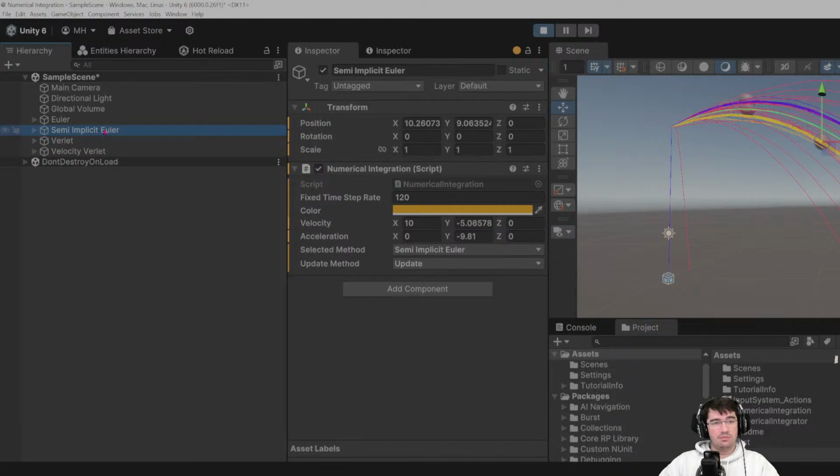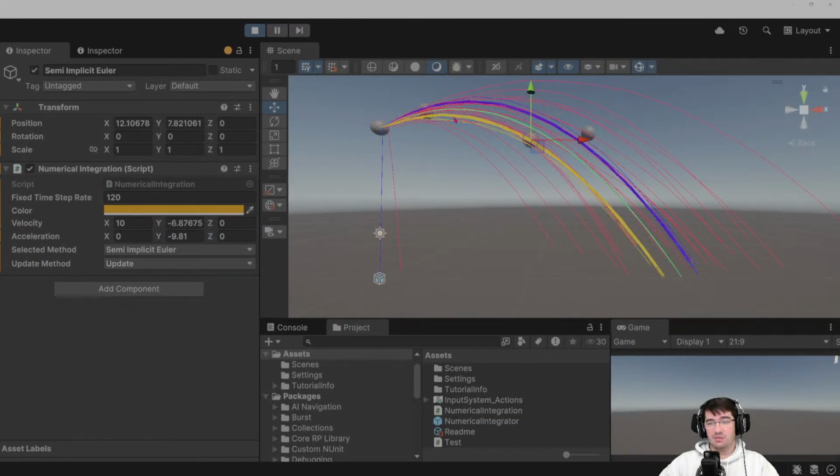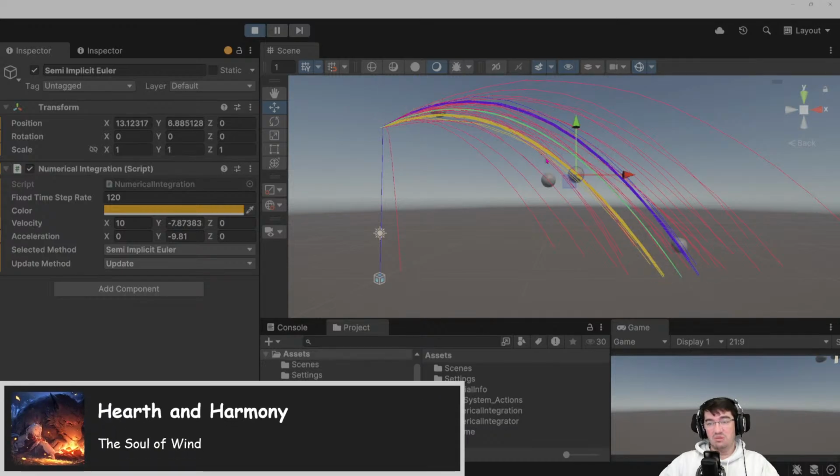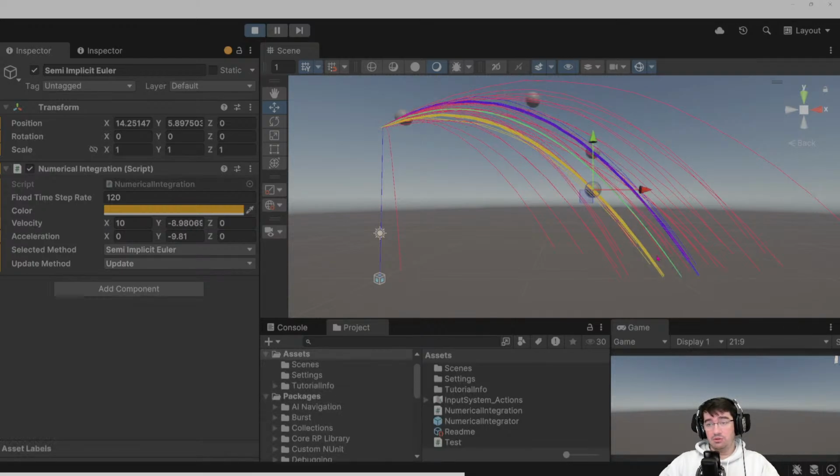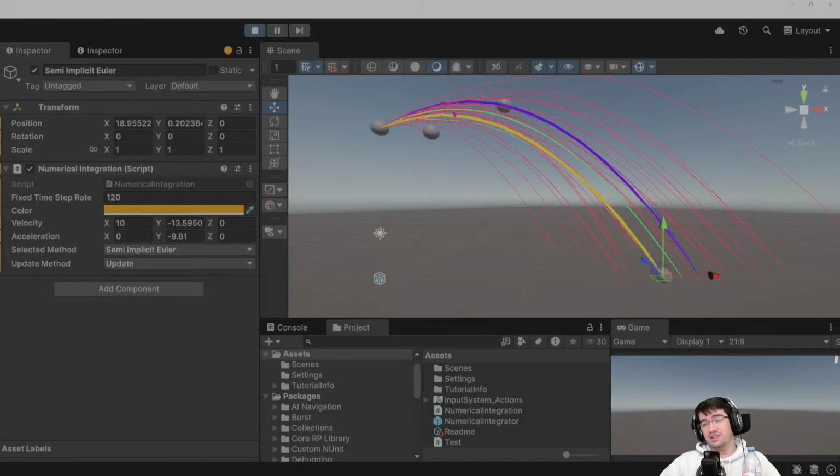The semi-implicit is the orange one. Same thing. It's maybe a bit more stable, not even sure, compared to the blue one, but it's below. So it's not keeping track of the exact same trajectory, the exact same energy.